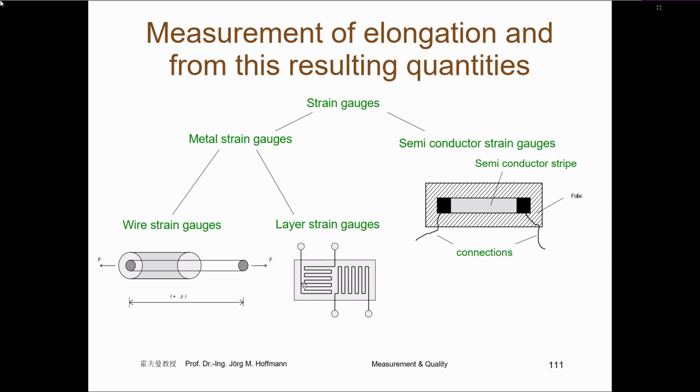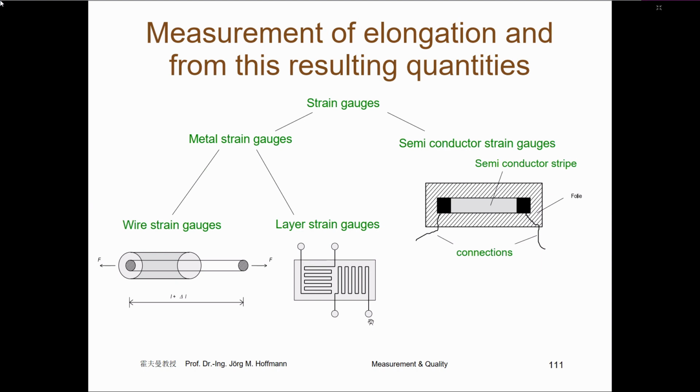When you measure in this direction, you have more changes than here. And when you measure in this direction, you have more changes than here, so that you can also measure depending on the direction. But the principle is the same.